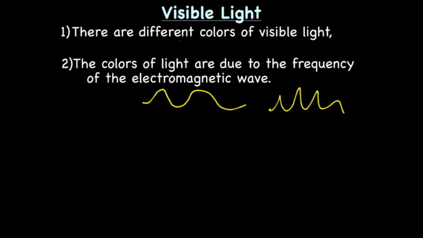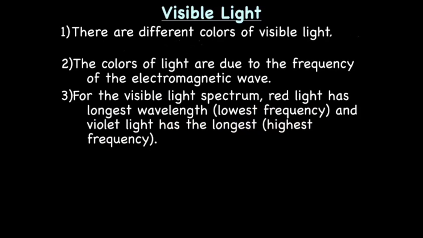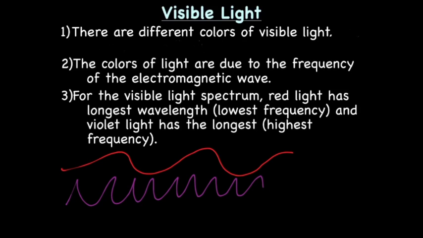If we had a wave of light like this, we would see it as a different color than an electromagnetic wave with that sort of frequency. For the visible light spectrum, red has the longest wavelength, so a red wave, the slowest frequency, we would see something like that. And violet has the highest frequency, something like that.